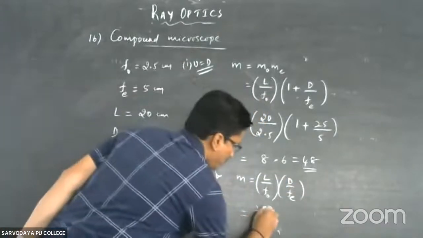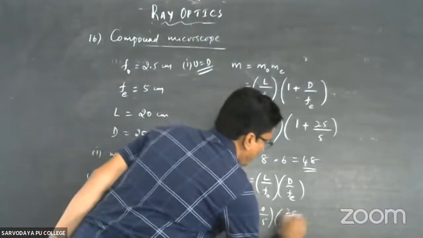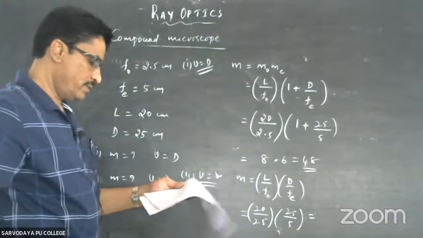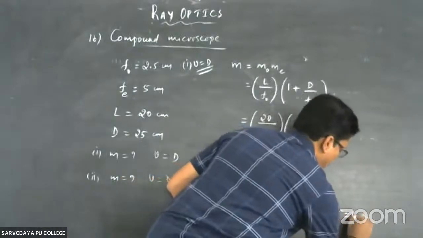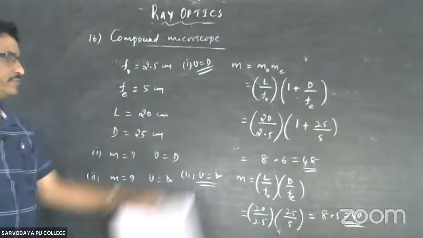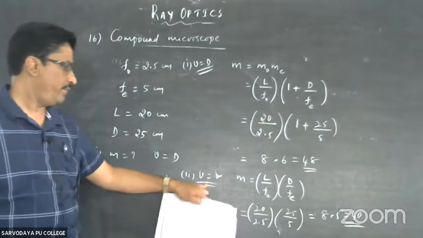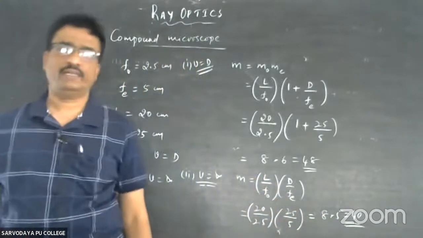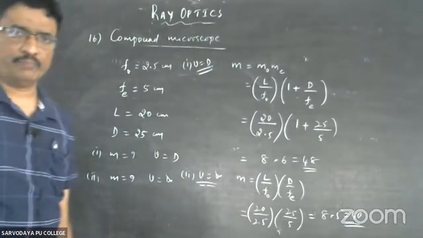Therefore, L by f0 is 8, and this is 25 by 5, which comes out to be 8 into 5, that is 40. In case of least distance of distinct vision, the magnification is 48. For infinite distance, it is 40. A small variation, a variation of 8, is there in terms of magnifying power.